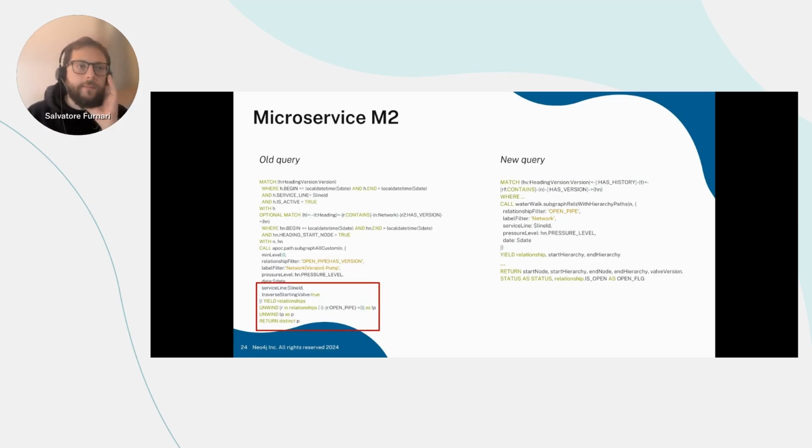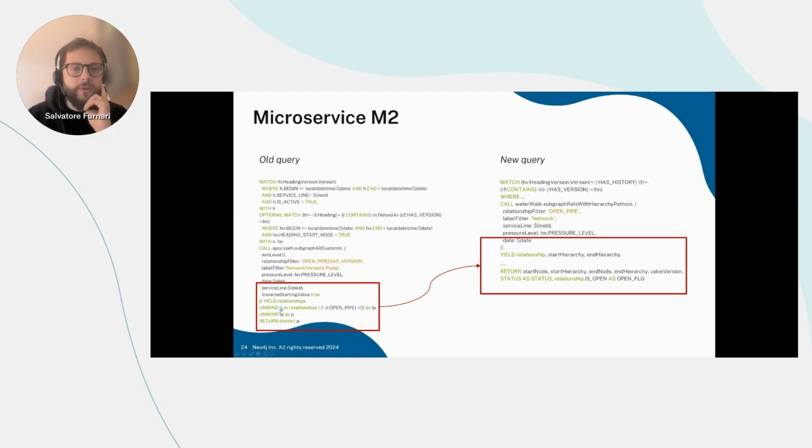Then also in this microservice, I removed the aggregation operation and also the unwind. There is a double collection operation, as you can see here. It's much better to return these results in a stream and remove the unnecessary list comprehension.